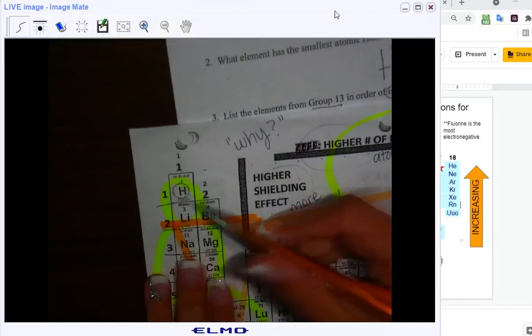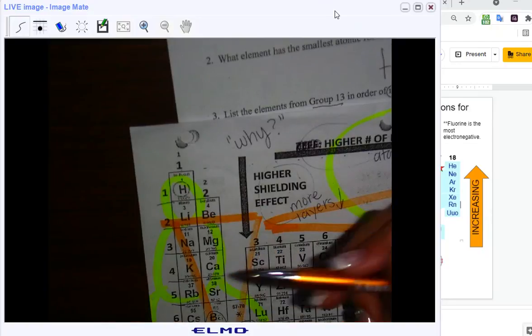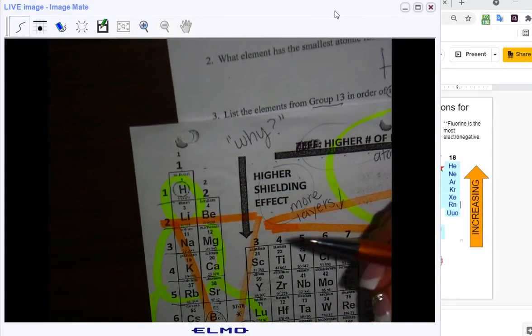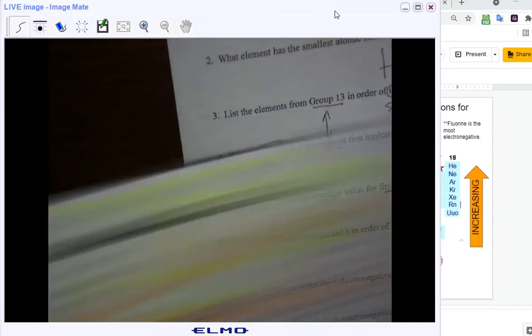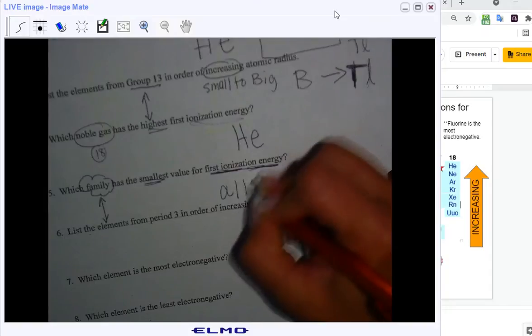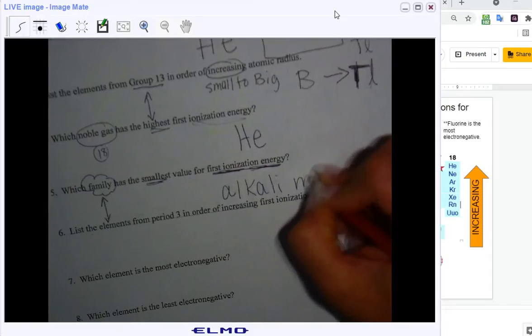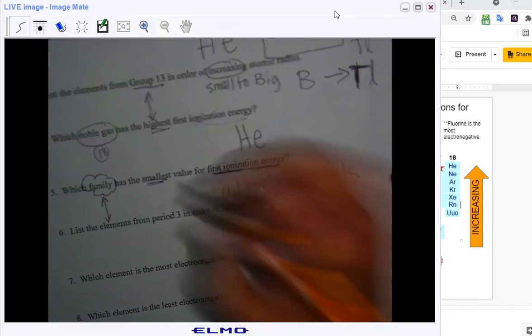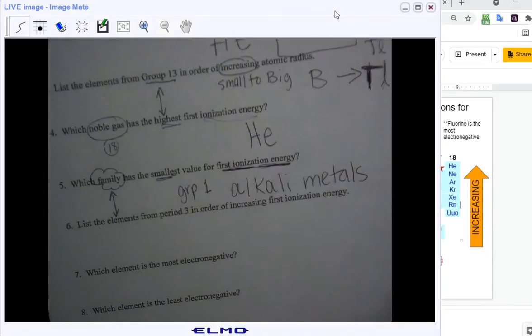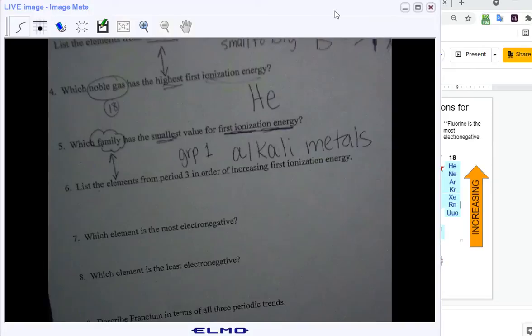Does anybody remember what that family is called? What is group 1 called? Not the earth ones, it's the other ones. It's the alkali metals, yep. I was thinking fire. I almost wrote fire. Okay, all right.